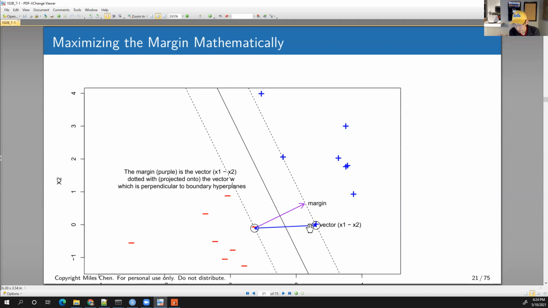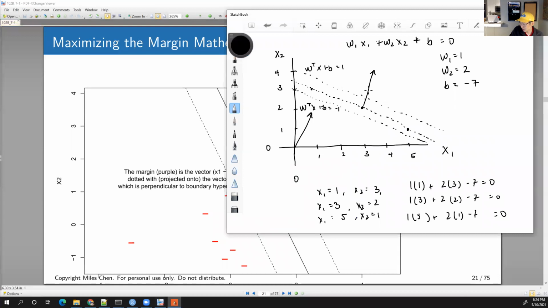And then we take the dot product of that onto this vector w. So here's my vector w, and if I take some point here and some point over here, I've got a vector that connects these.